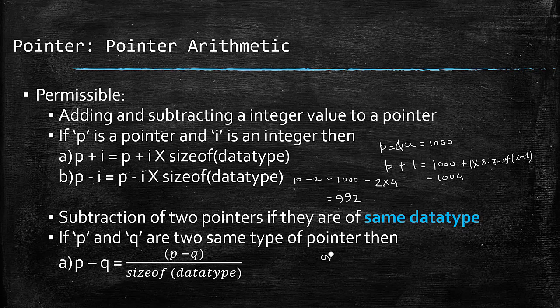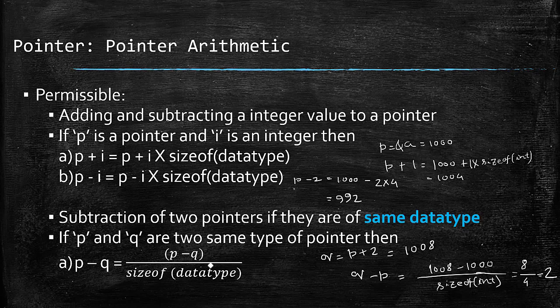So what will be the value of Q? Q value will be 1008. Now if we perform Q minus P, remember P and Q are the same data type, so it is 1008 minus 1000 divided by the size of int. Considering the size of int is 4, we are performing 8 by 4, that is 2.